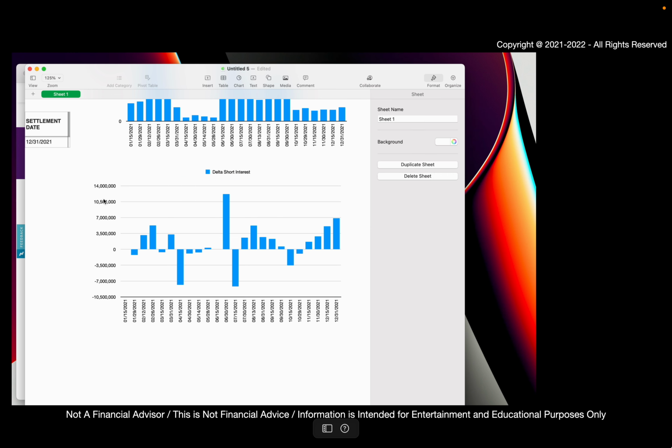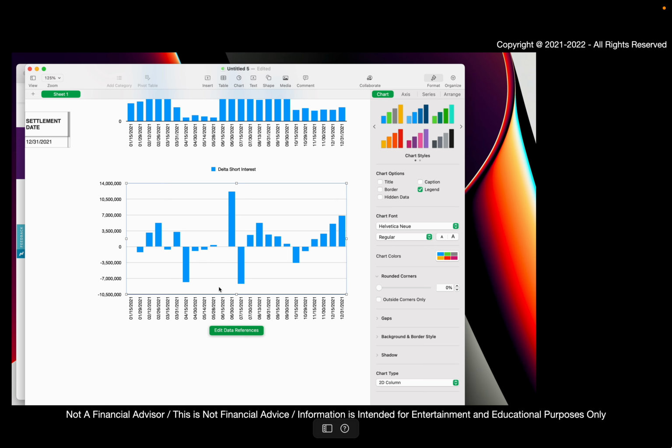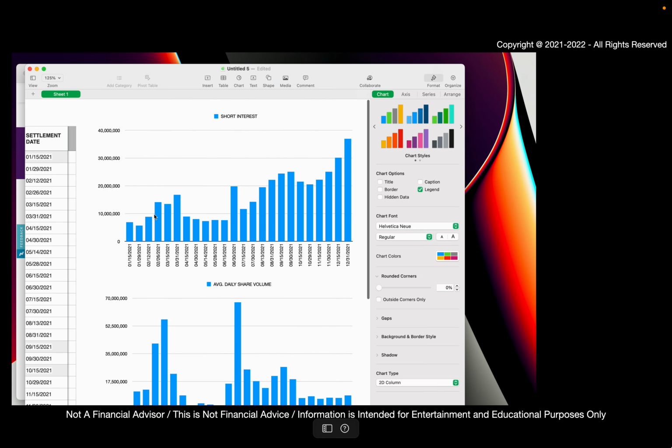And there we are. So let's bring this into our spreadsheet now. We've got all the data here. We've got all the charts here.